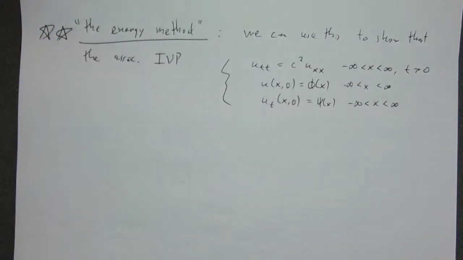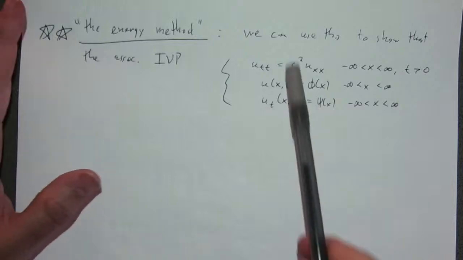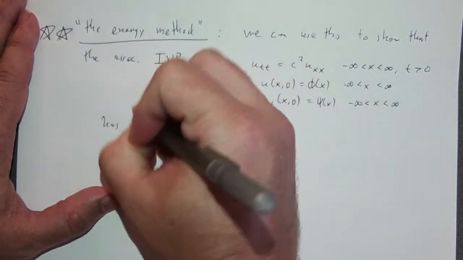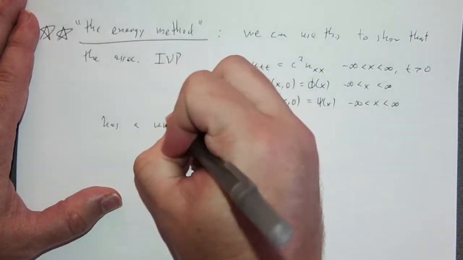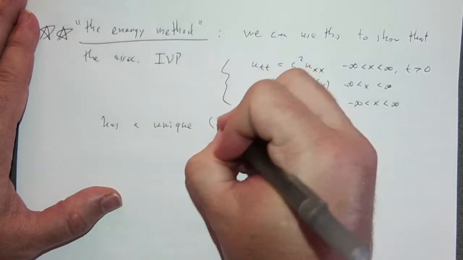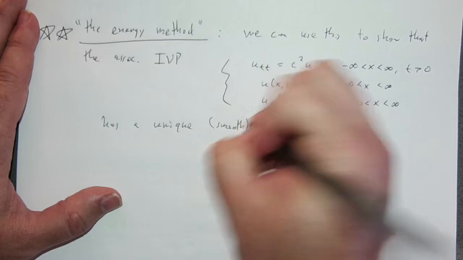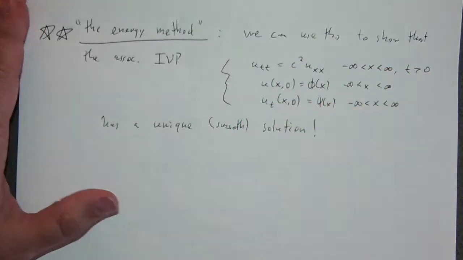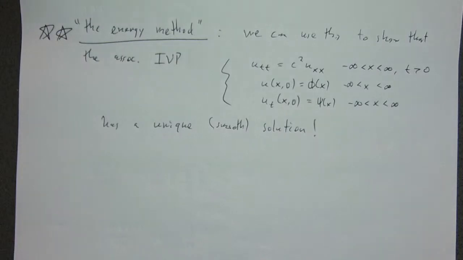We can use this to show that the associated IVP has a unique smooth solution. How?